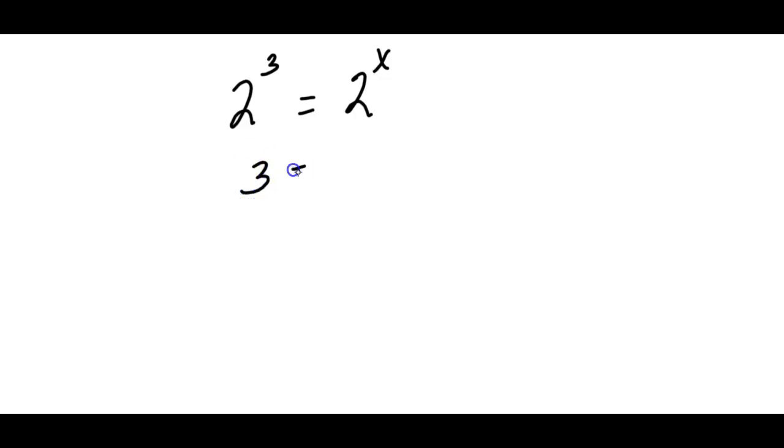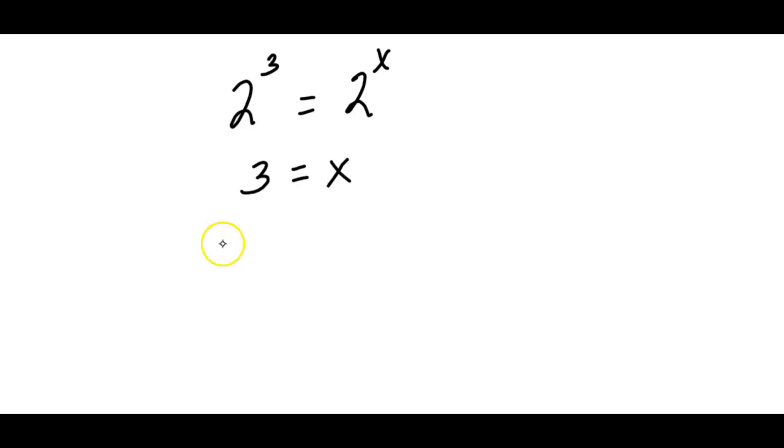For example, if I have 2 to the third power equals 2 to the x, then we learned a couple of days ago that because our bases are the same, our exponents have to be equal to each other.